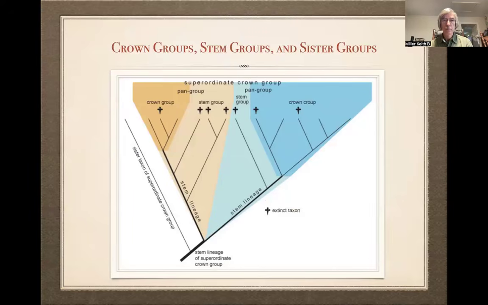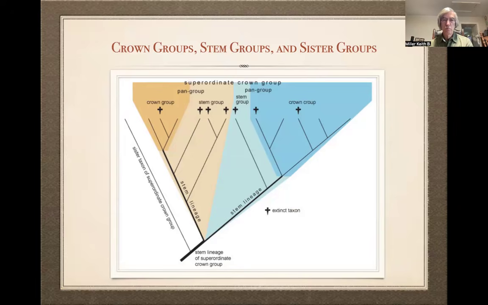And so here we have a typical branching diagram. But what you see on the right in the shaded blue area is something called a crown group. A crown group is defined as all of the living representatives of a particular modern taxon. So it could be a family or an order, it doesn't matter what.